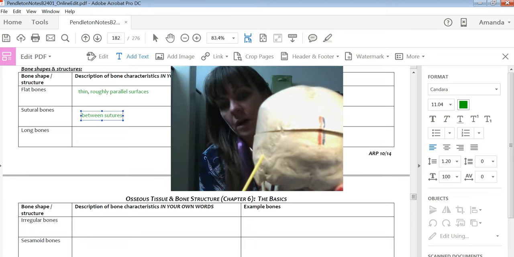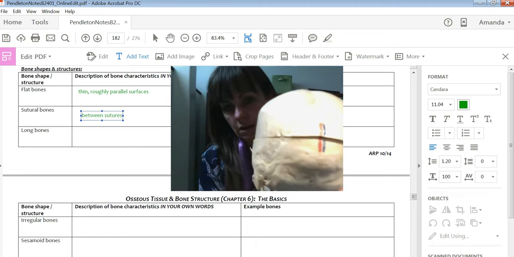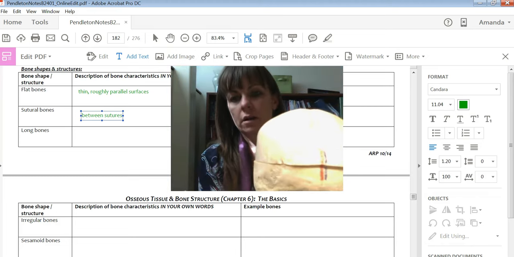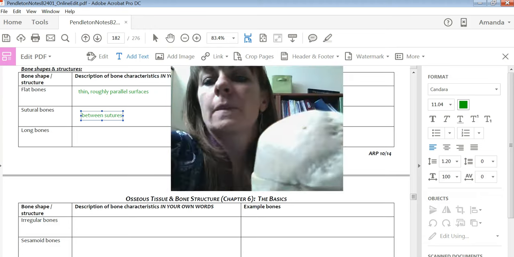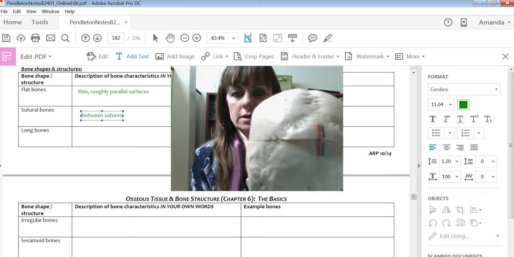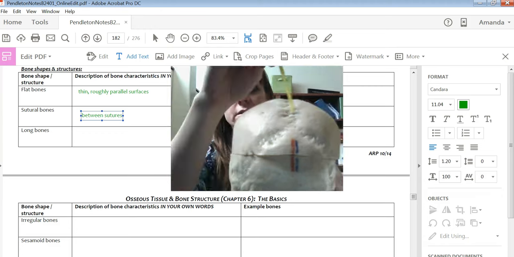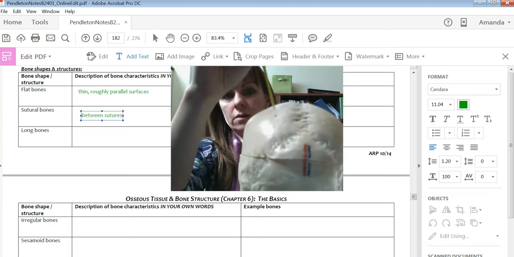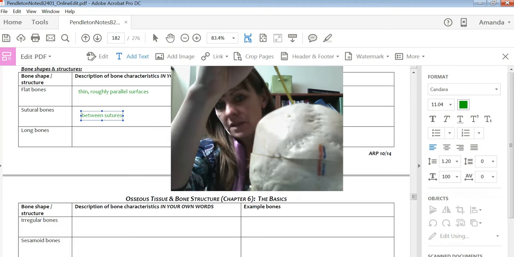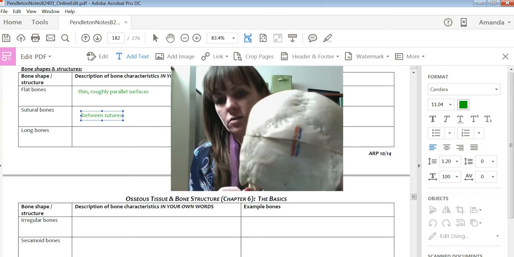Now, a sutural bone is not every bone of the skull, because on the skull they're all combined by sutures. So you can see the sutures. Here's a big suture up here that joins these bones. The large bones have specific names and they're not considered sutural bones.